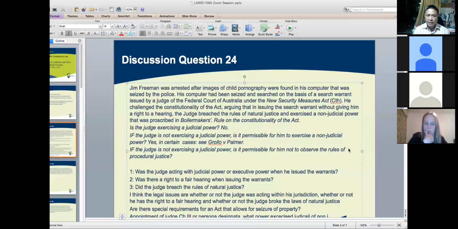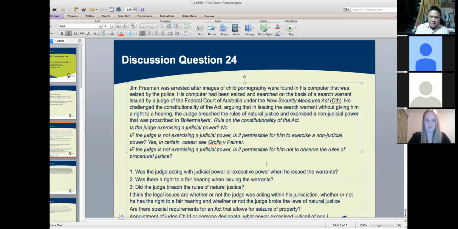Had it been different, in the sense that this judge was actually exercising a judicial power, meaning not under this setting, but was just a judge of a Chapter 3 court performing the regular functions of a judge, in all instances that judge would have been required to observe the rules of natural justice. Okay, so was that clear enough? Clear enough? Okay, so can you say that again, Manjo, please?